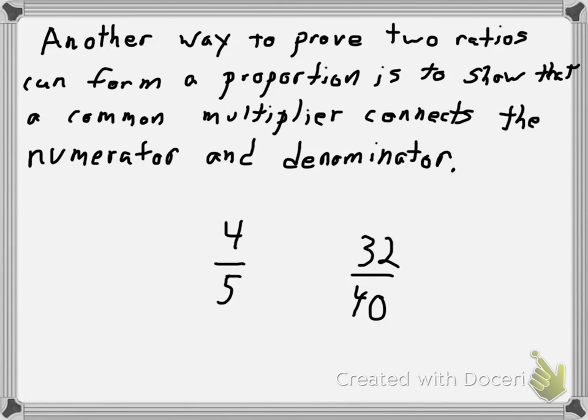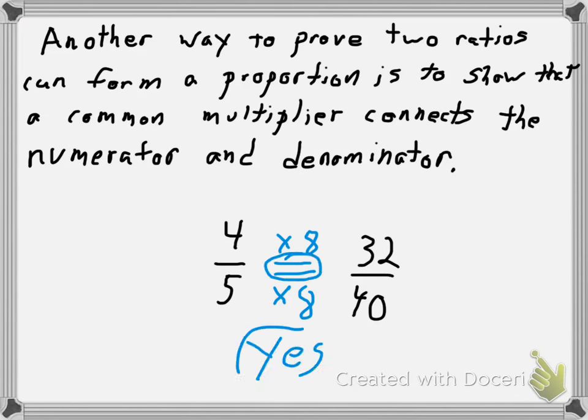If I multiply 4 by 8, that is 32. So in order for these to be equivalent, I would need to multiply the bottom by 8. If I multiply 5 by 8, does that equal 40? Yep. So I know that these are equal, and yes, these form a proportion.